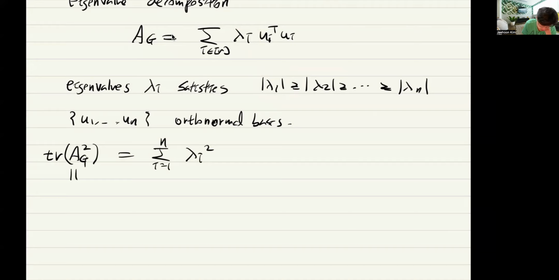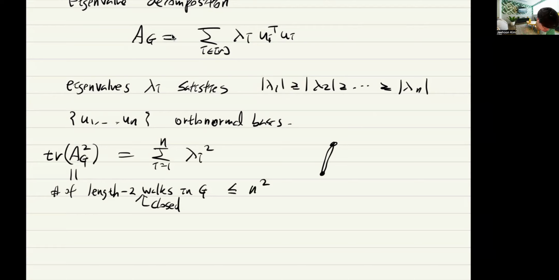This is the same as the number of closed walks of length 2 in G. But how can you obtain a closed walk of length 2? You start from here, then you go and then you come back. That's the only way. So this counts the number of edges, which is at most n squared.